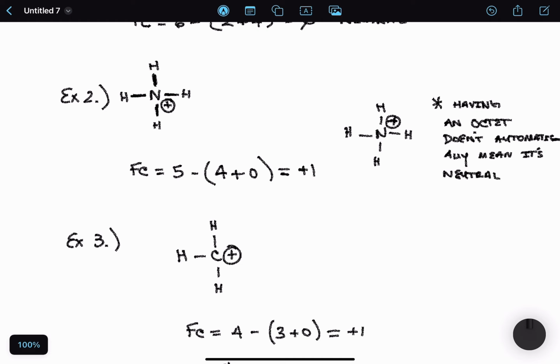Right, so that's something to know. So here, the nitrogen has an octet, but it's positively charged.